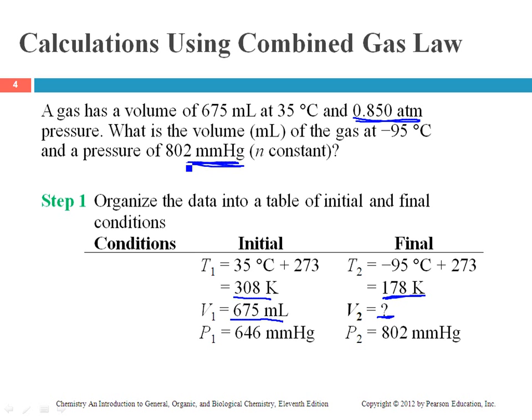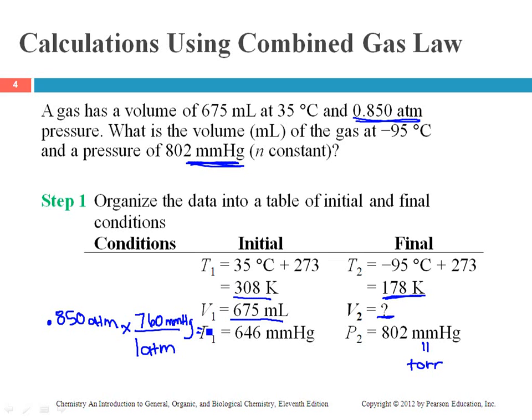One way we can do this is to leave it in millimeters mercury, which we know is also equal to torr. So we convert our atm to millimeters mercury.